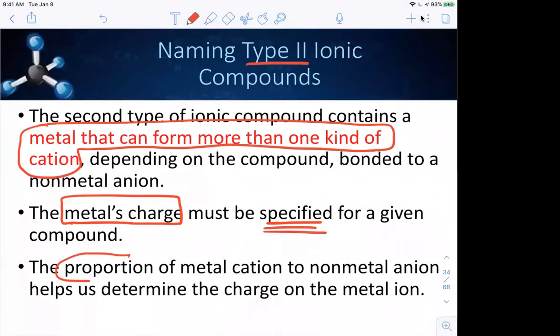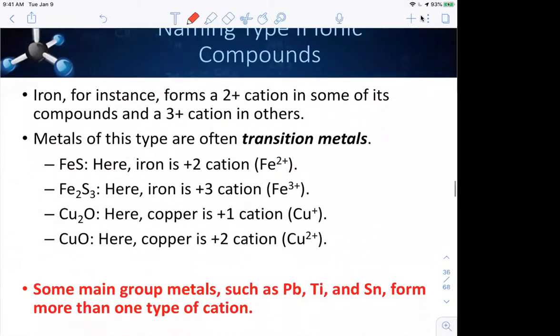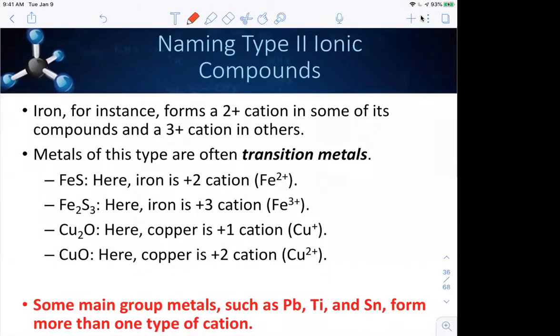The ratio, the proportion of metal cations to nonmetal anions, helps us determine the charge on the metal. The anions really don't vary. The anions are always known. It's these transition metals that can vary by losing different numbers of electrons to become cations. So for instance, iron can form a +2 or a +3.